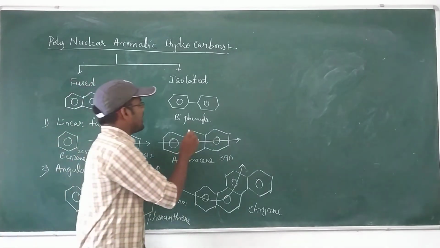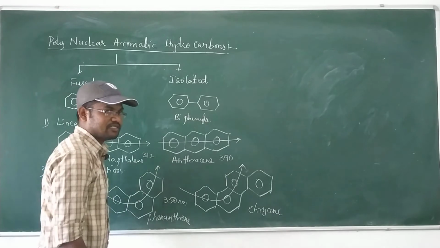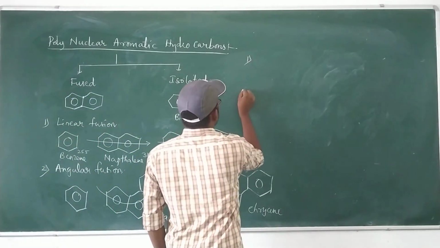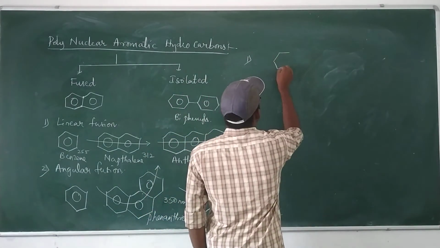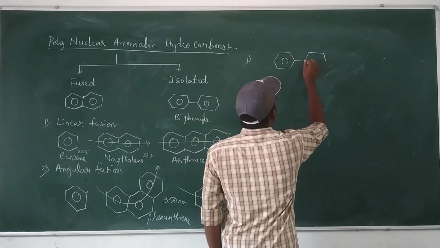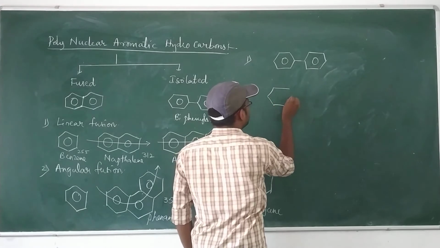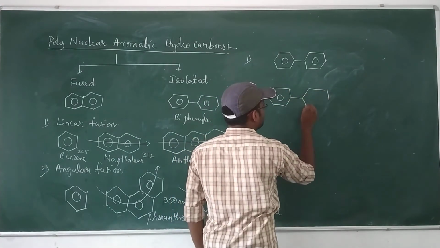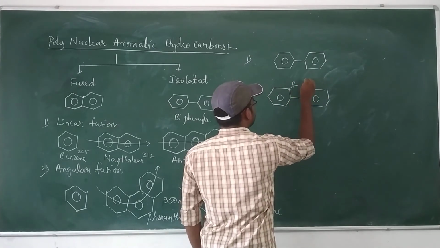Next, isolated polynuclear aromatic hydrocarbons like biphenyls. Let's take two examples for lambda max comparison. Example 1 is the simplest biphenyl, and the second one is ortho disubstituted biphenyl.